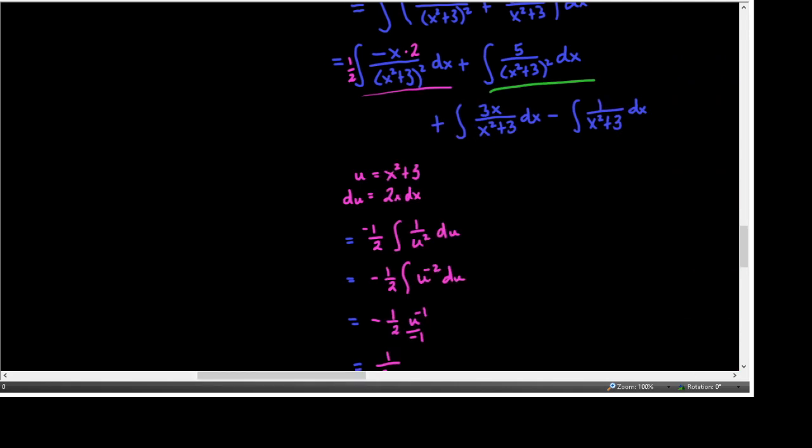Okay, so this is 5 square roots of 3 over 18 tangent inverse of x square roots of 3 over 3 plus 5x over 6 times the quantity x squared plus 3. And of course we'll pull in that c later.